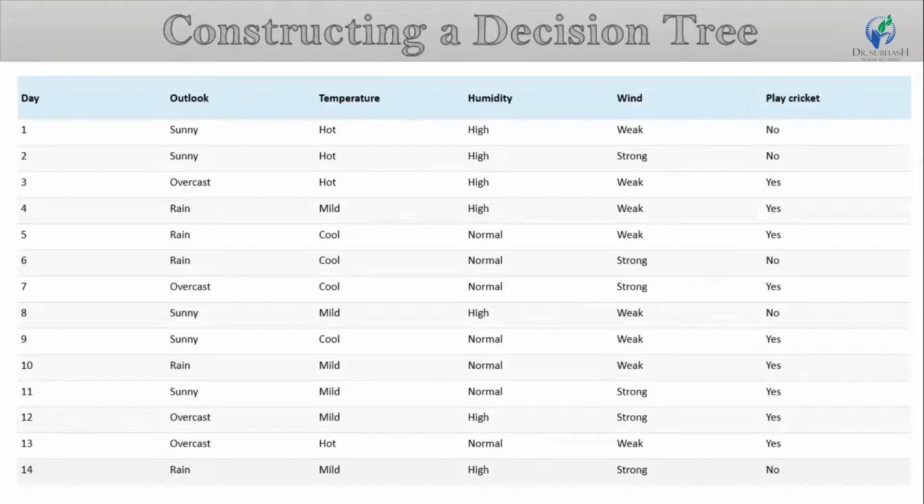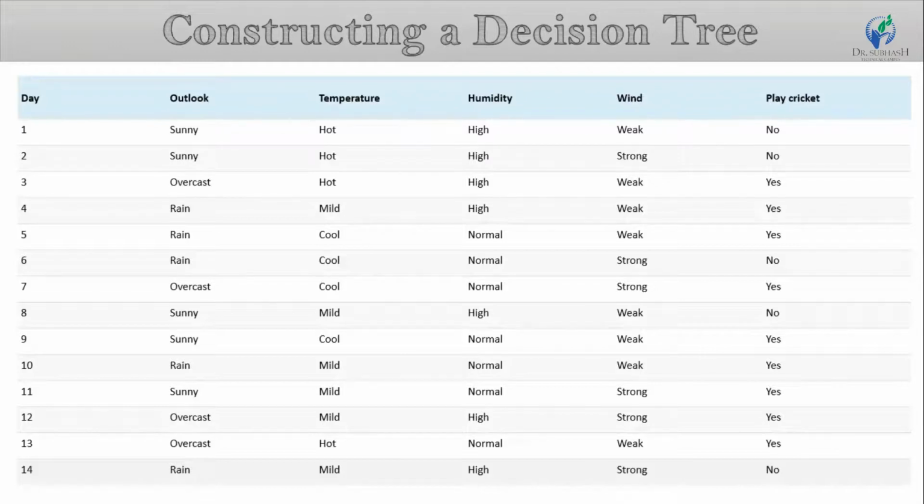So here we have seen a data set. In this data set, we have 5 labels. We cannot consider the day as a label because it is a serial number. So our first label is outlook, second is temperature, third is humidity, fourth is wind, and fifth is play cricket.